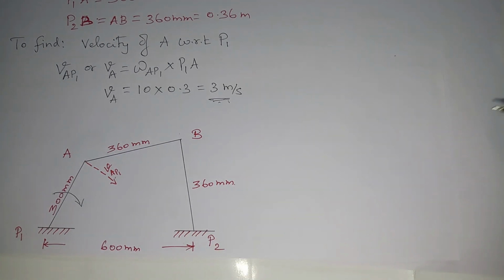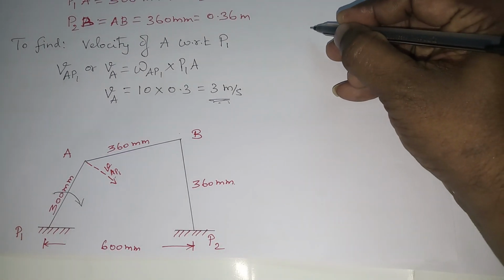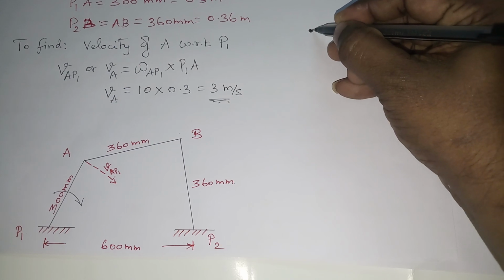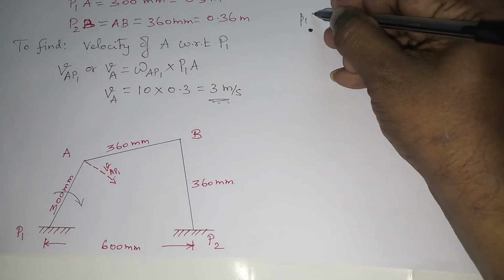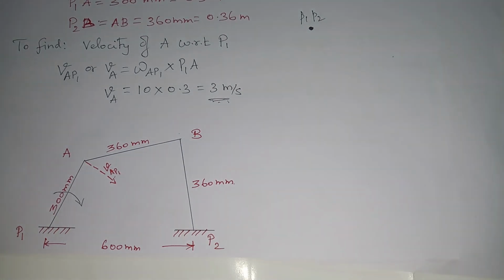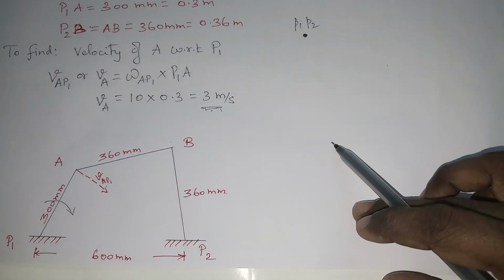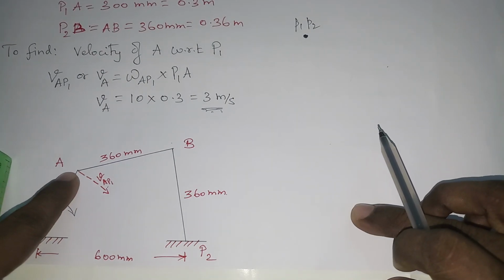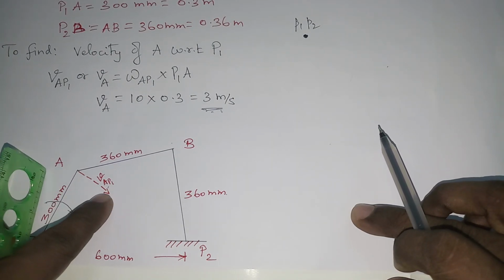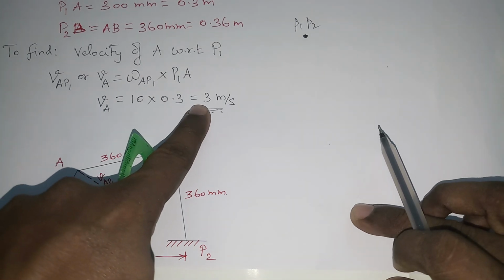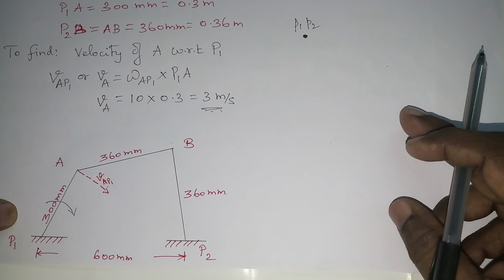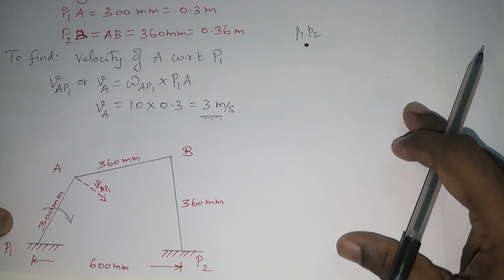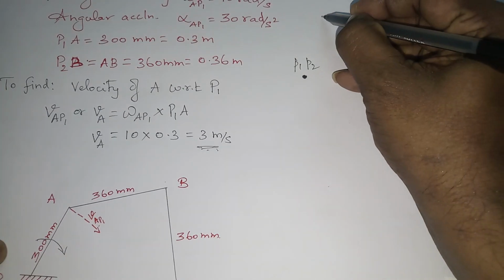Take the fixed points and mark a common point here, and name this as vector P1P2. Now the velocity of A is acting in the downward direction at 3 meters per second, but while drawing the velocity diagram you have to use some scale. Here it is 3 meters per second.